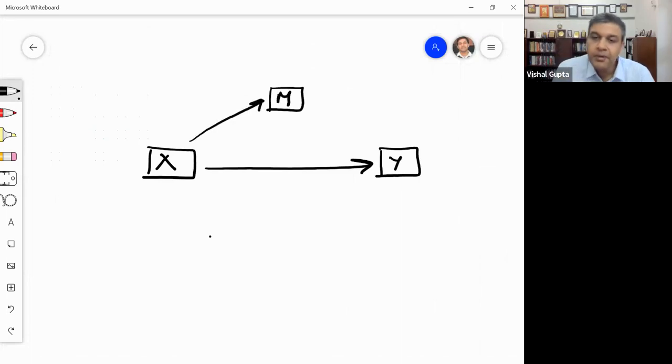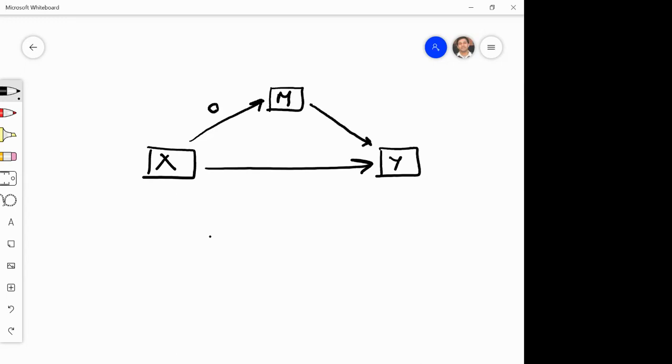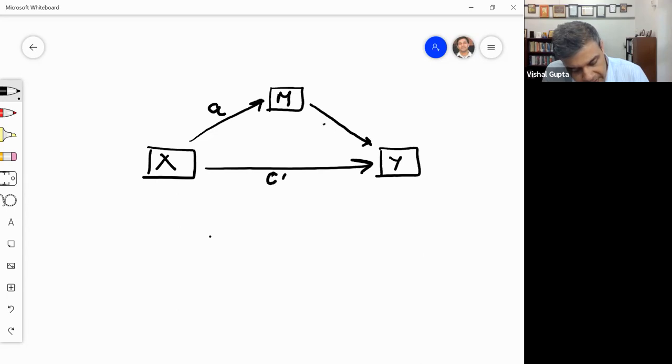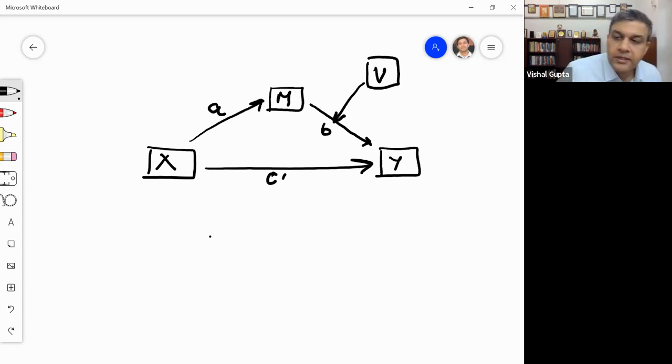I'm just taking a simple one-mediator example, not the parallel, but these ideas can be extended to multiple mediator models as well. This is A, this is C dash, this is B. Now I want all of you to draw this diagram and let us try to analyze what will be the direct and the conditional indirect effect here.